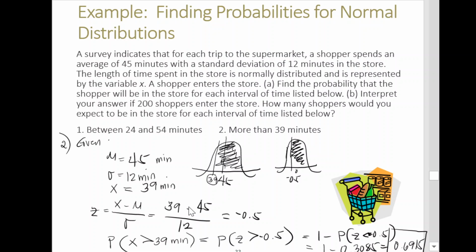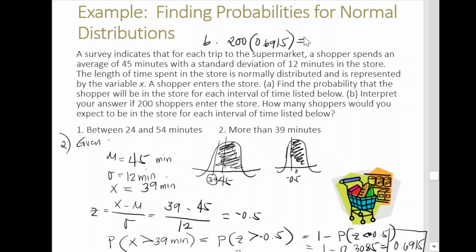Okay, for B. Siyempre, hindi na naman kasha. For B, okay, ang sabi daw, interpret the answer if 200 shoppers yung pumasok. Okay, kung 200 shoppers yung pumasok, ang probability ng mag-stay ng more than 39 minutes ay 0.6915.